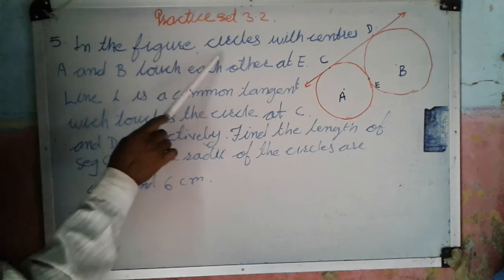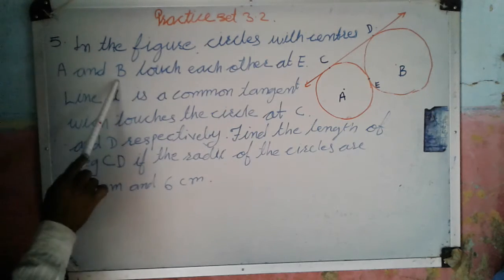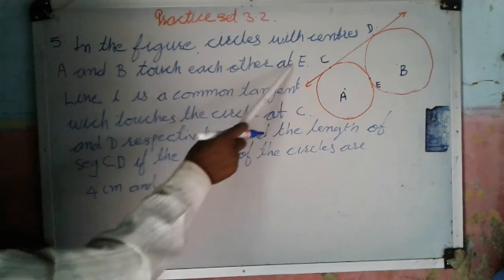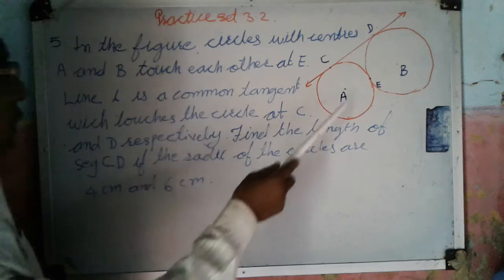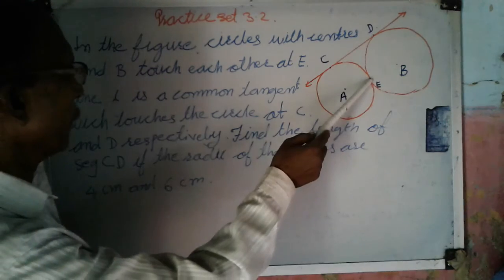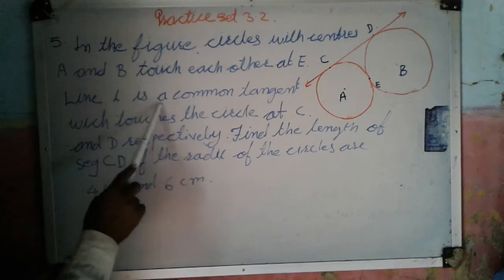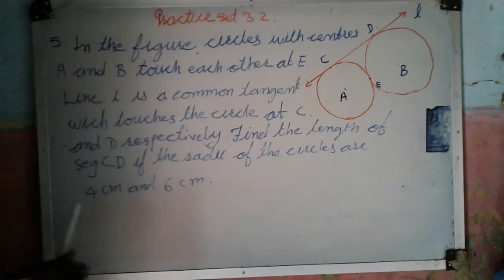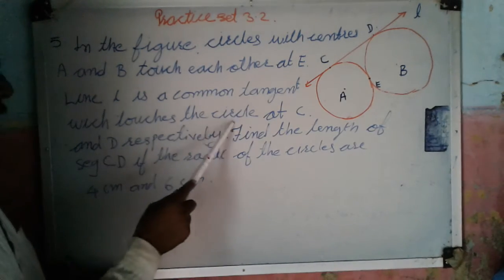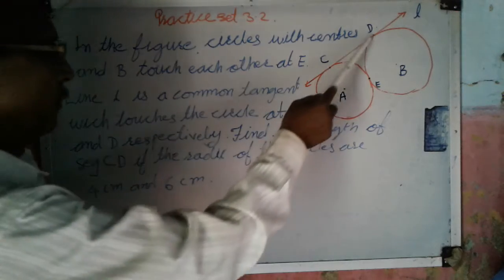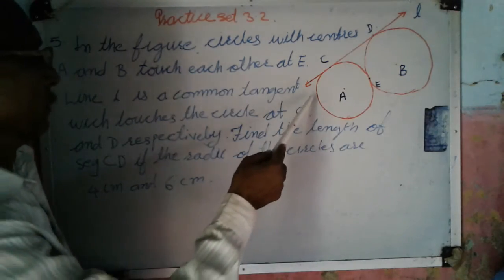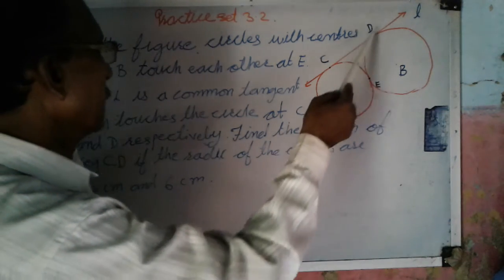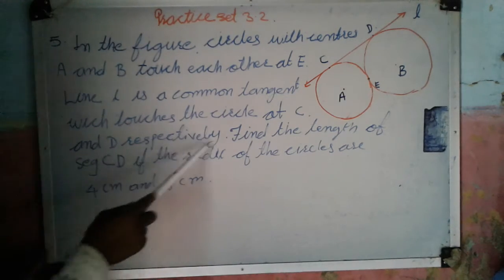So in the figure, circles with centers A and B touch each other at E. These two circles with centers A and B touch each other at point E. Line L is a common tangent, which touches the circles at C and D respectively.